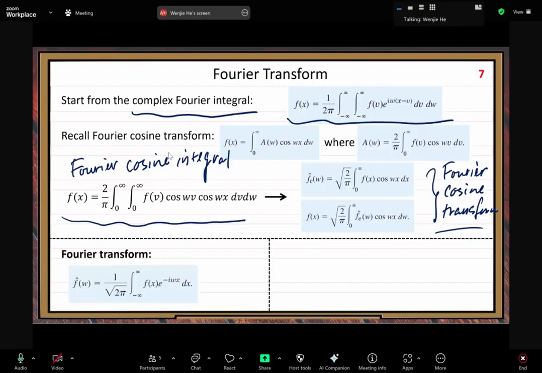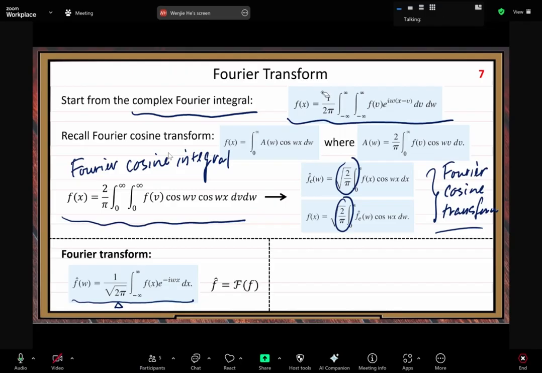Based on that, we define the Fourier transform, f hat, with that little hat notation. And the coefficient, similar to the split, remember the split here. This time we also do a similar split, the root of that split.